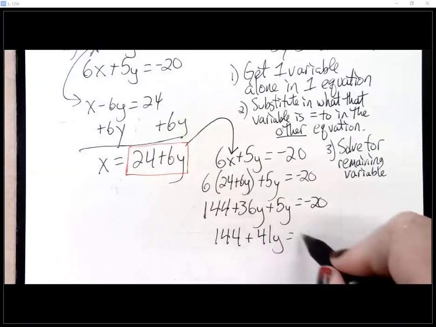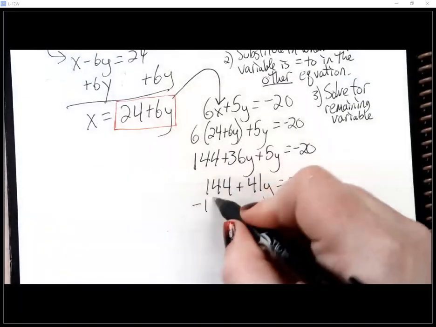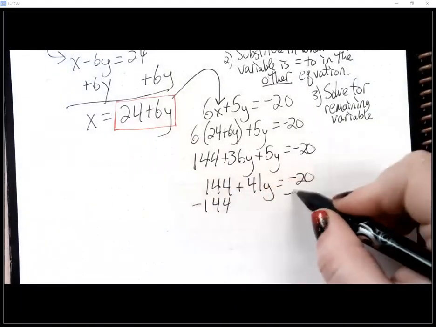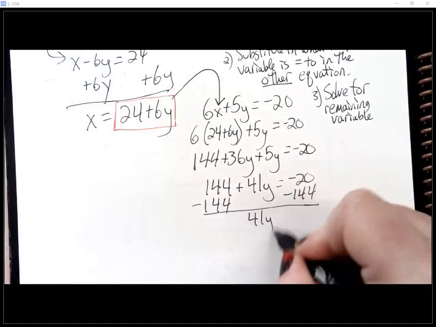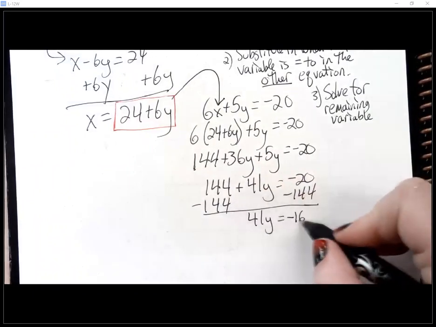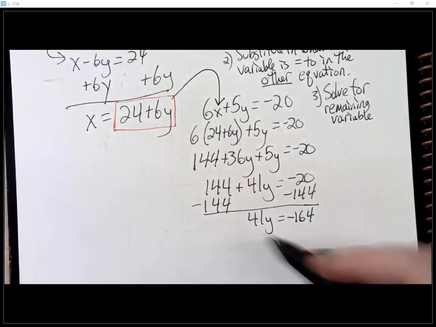And then just solve for that y that's there. I get -4.